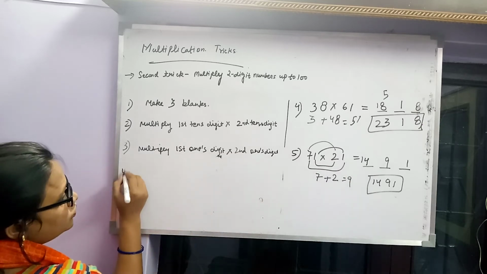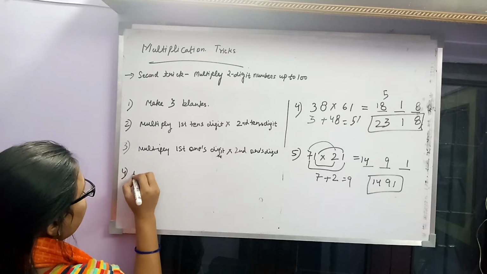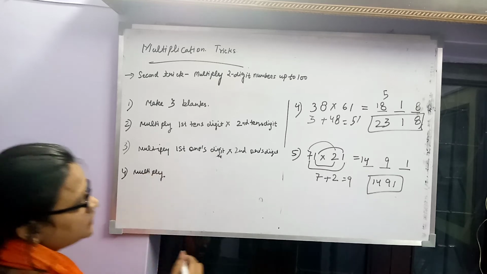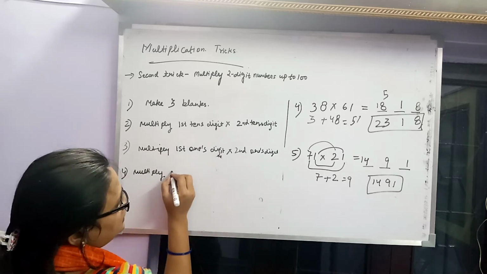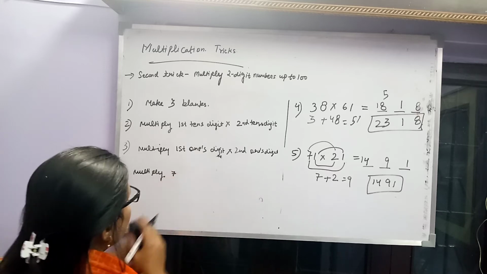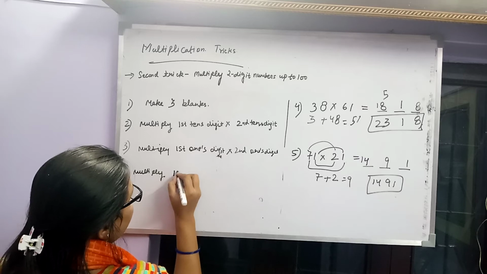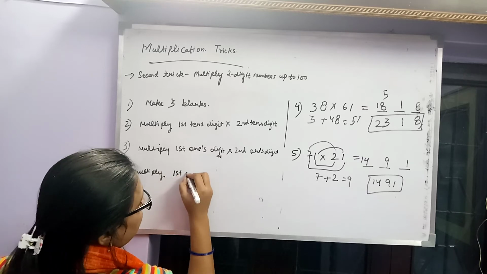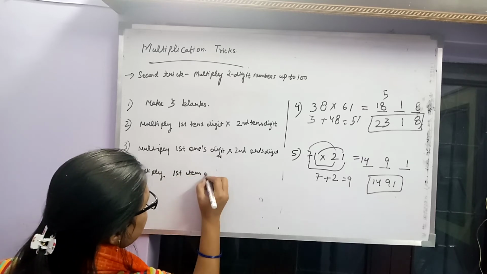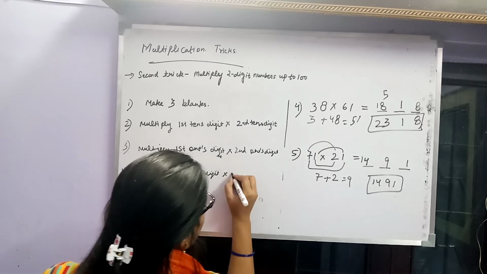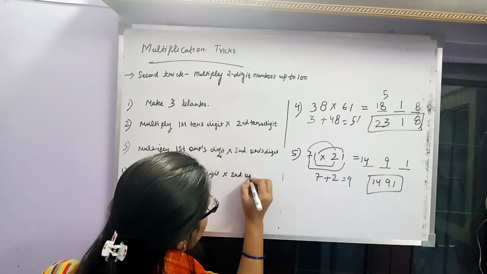Now what we will do? We will multiply the first tens digit with the second ones digit.